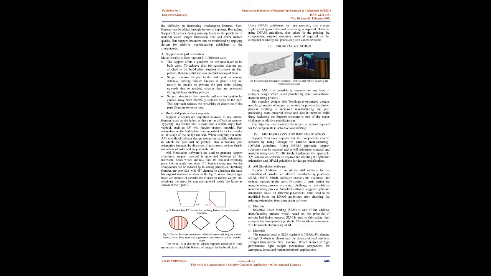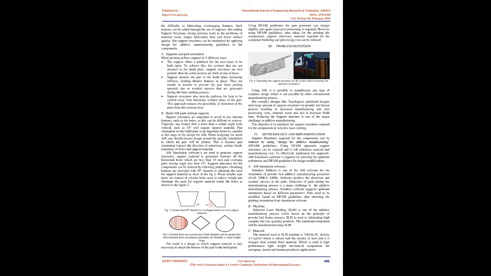They act mostly in tension to prevent the part from peeling upwards due to residual stresses that are generated during the laser melting process. Support structures also provide a pathway for heat to be carried away from thermally isolated areas of the part. This approach reduces the possibility of distortion of the parts from the extreme heat.